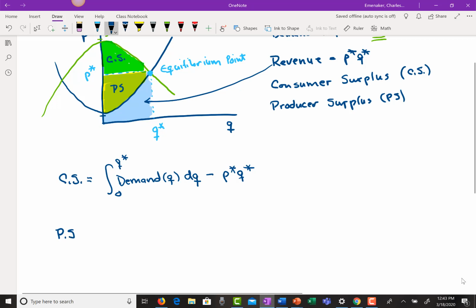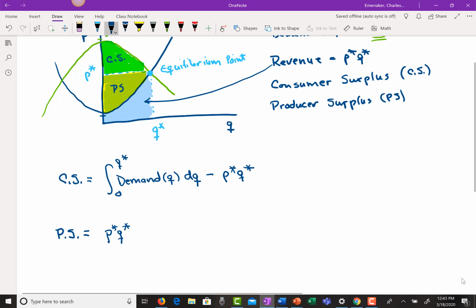We can use a similar line of reasoning to evaluate and create a function for producer surplus. In this case, we don't want an area below the curve, the blue curve, the supply curve, but we want the area between the equilibrium point and the curve. In order to accomplish this, we're going to compute what was originally that whole blue shaded box, the revenue, which is our P star, Q star.